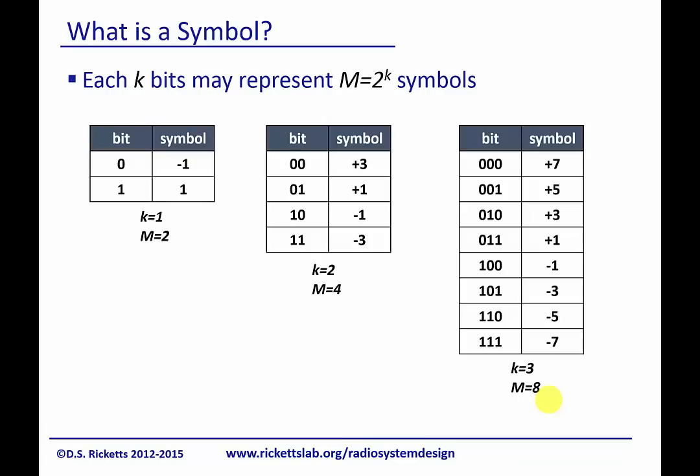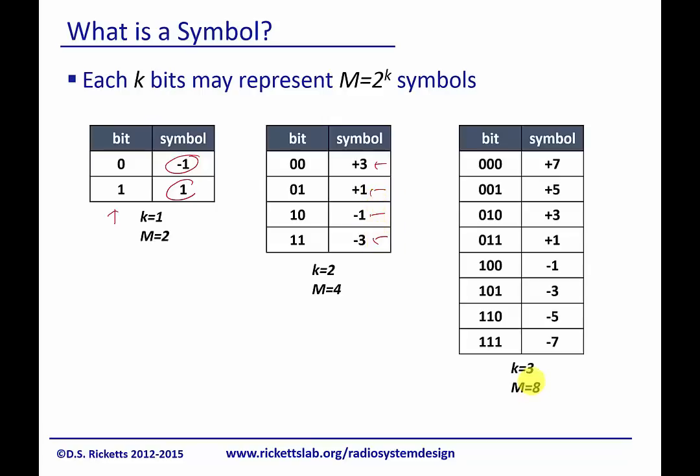So the idea is that k bits can represent 2 to the k symbols. And so the way to think about it is if I've just got 0 and 1, I have 2 symbols, -1 and 1. But if I've got 2 bits, meaning I can have 00, 01, 10, 11, I can represent this as 4 different symbols.